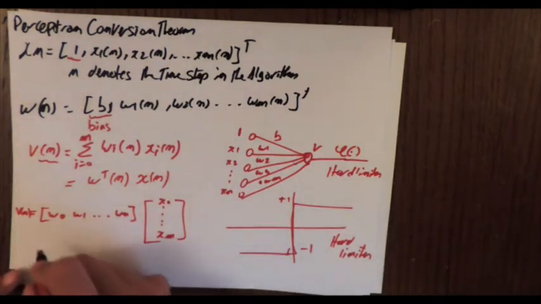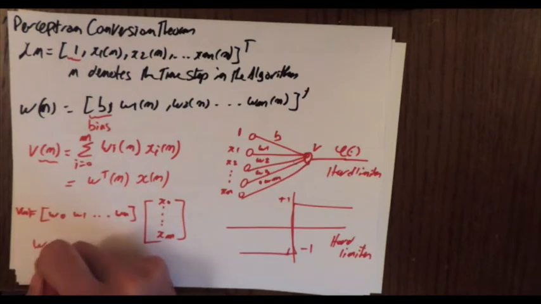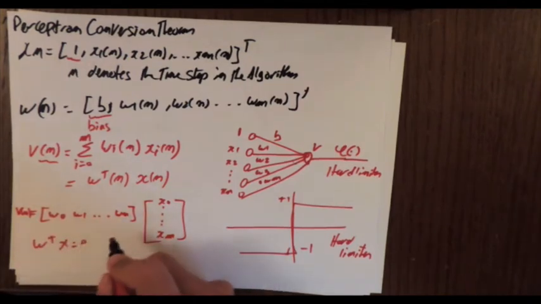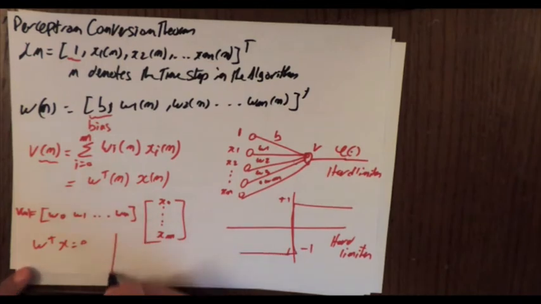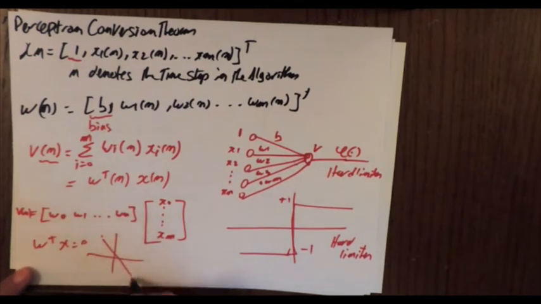Now the solution here is Wt x equals 0. This is the solution that will linearly separate our two classes. For example, something like this in two dimensions. It's going to be a hyperplane in another dimension.